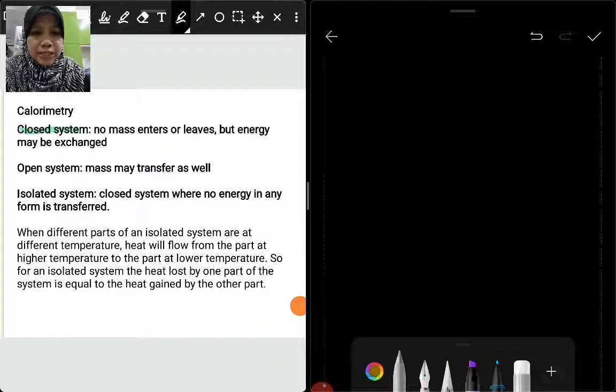There are three different things: closed system, open system, and isolated system. For the isolated system, it is a closed system where no energy in any form is transferred.